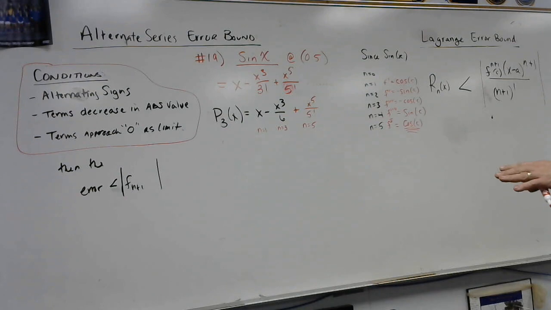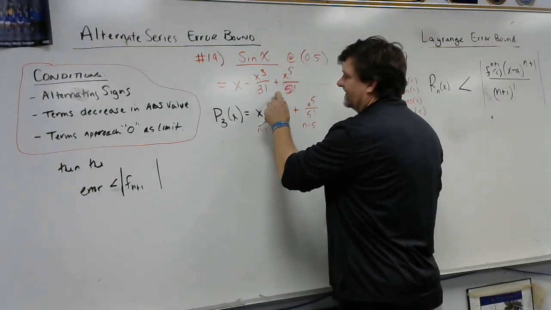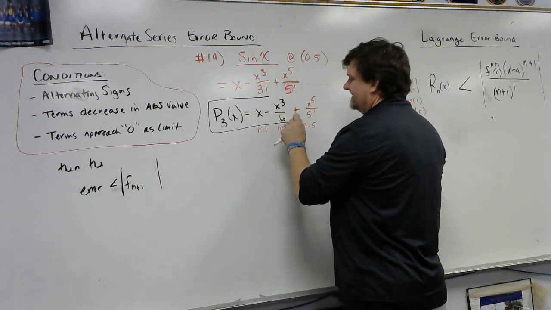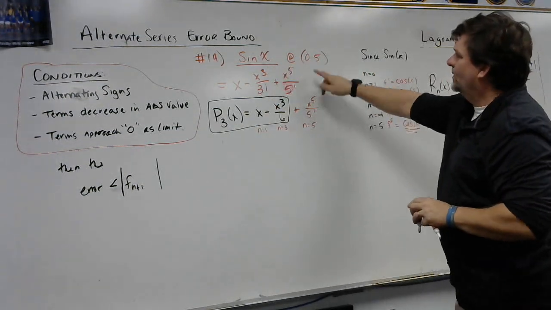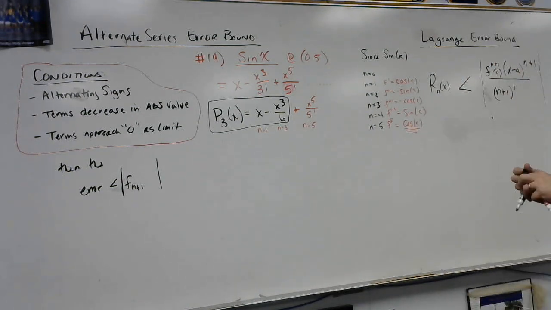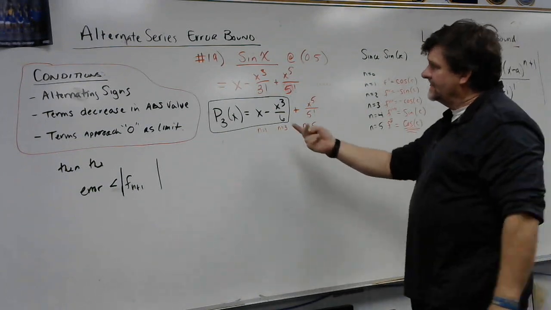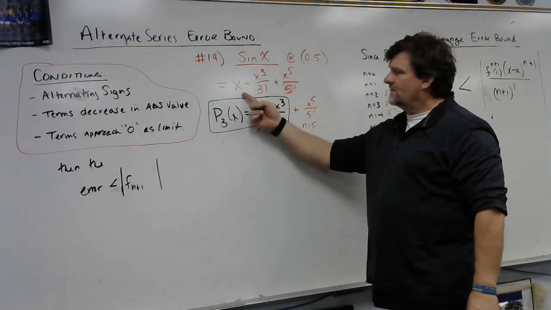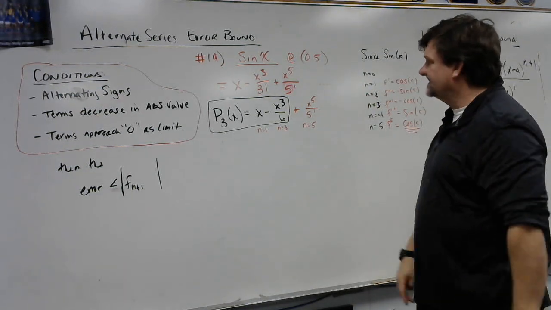So when we look at sine, they give us this in black. This is what's given right here. And they tell us that this estimates the sine of x at 0.5. What clicked for me was I needed to know these first few terms in my brain so I could pull it together.